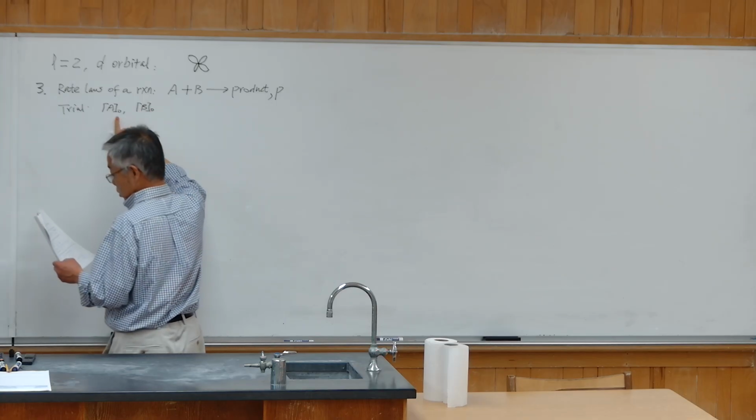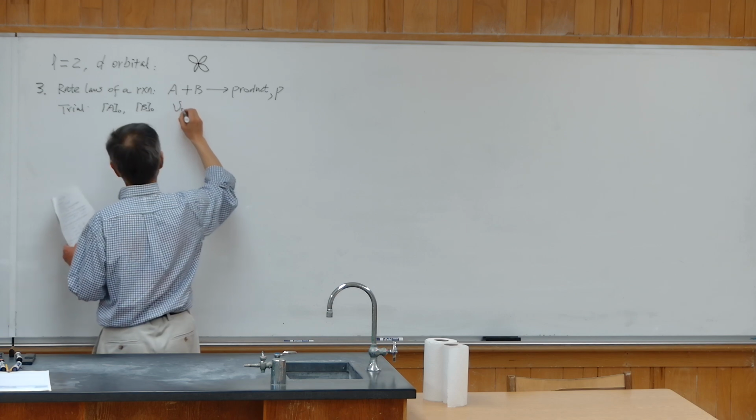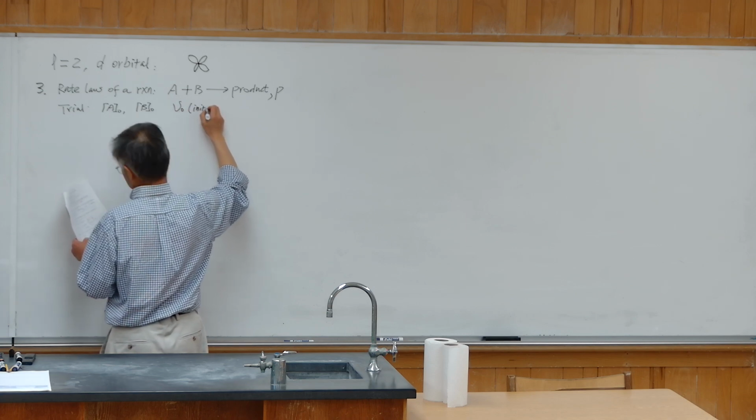A0 means the initial A concentration, B0 is the initial B concentration, V0 is the initial reaction rate.